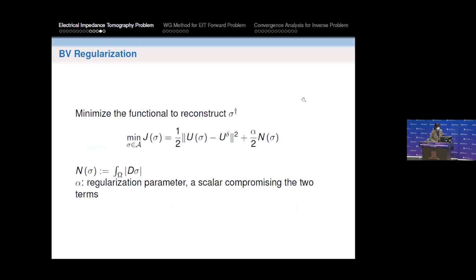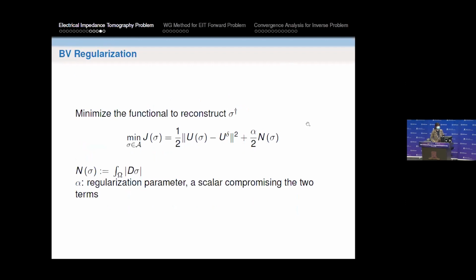So now we can present the minimization problem where we recast the reconstruction problem as this minimization problem. We find the sigma that minimizes J. The first term is the misfit function between the U and the measurement U delta. The second term is the bounded variation regularization.